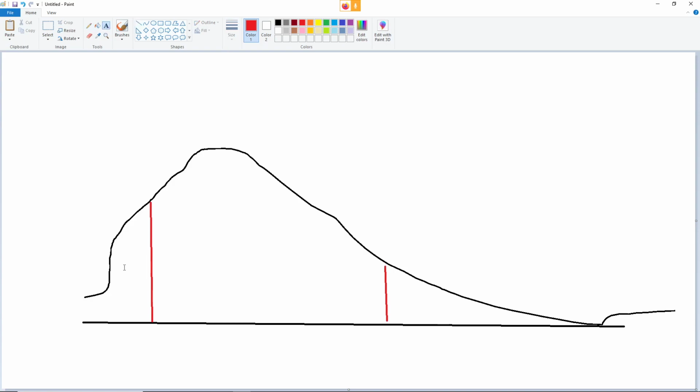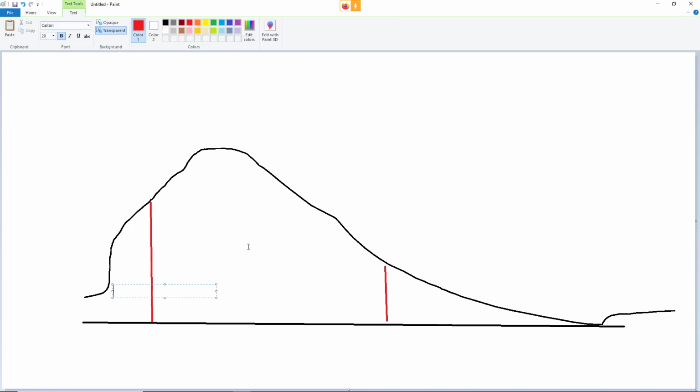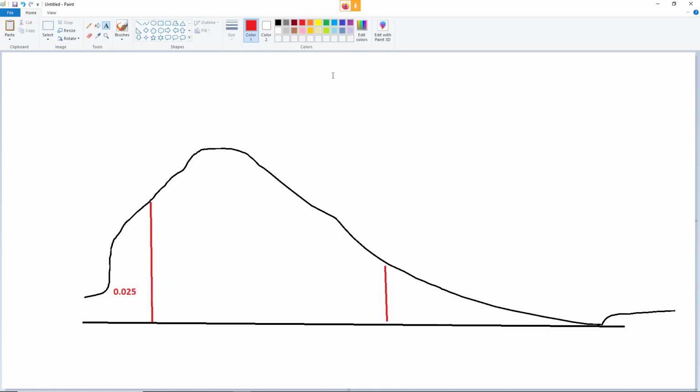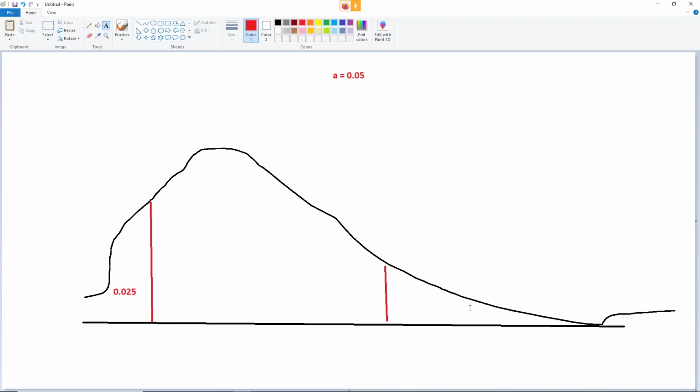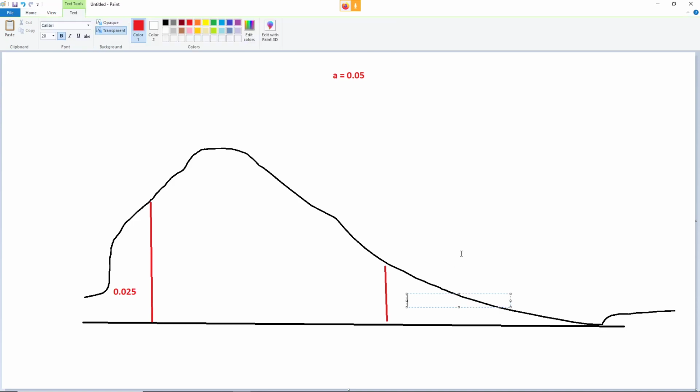And what you got in here should be 0.025, right? Because alpha equals 0.05, so half of that is on the left, and half of that is on the right. So this is 0.025, this is 0.025.